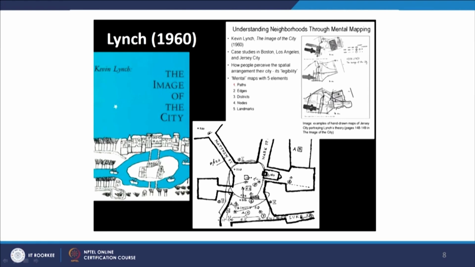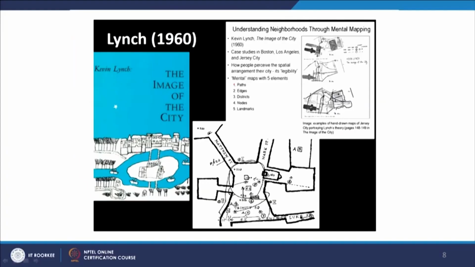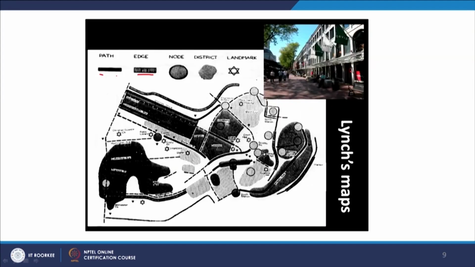He talks about ethnocognitive mapping, the mental mapping procedures, and how we can take out the image of a place through our minds, our reading and our attachment, through our habitual practices. Lynch talked about five elements of mental maps: paths, edges, districts, nodes, and landmarks.